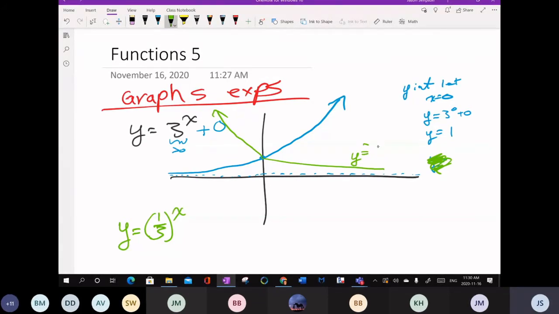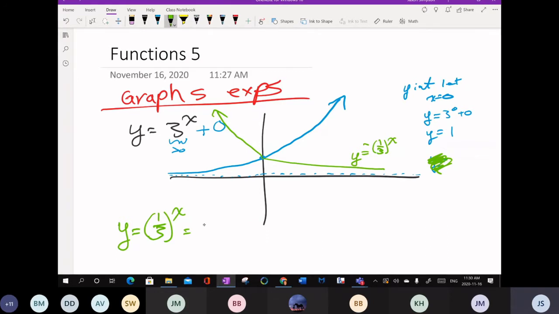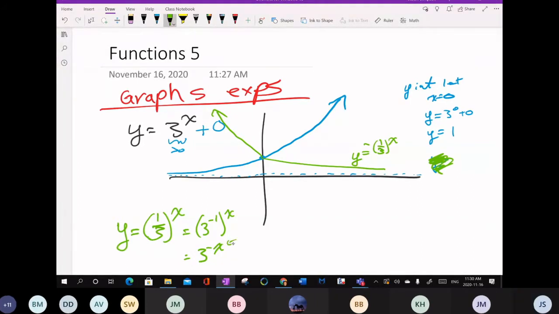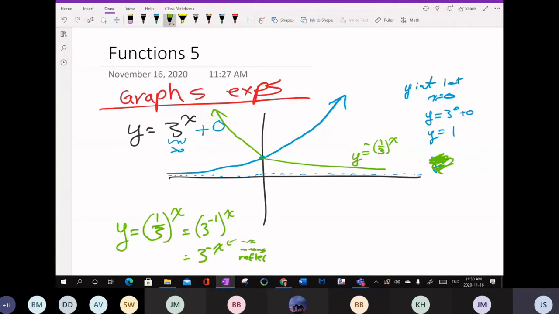It's just reflected in the y-axis. The reason for that is we can write 1/3 as 3 to the negative 1, and then you use power of a power to get 3 to the negative x, which really means it's a reflection in the y-axis. So the negative x means reflection in the y-axis.